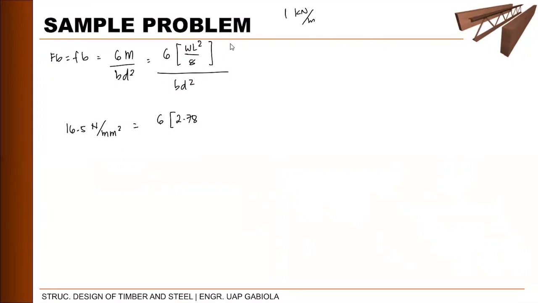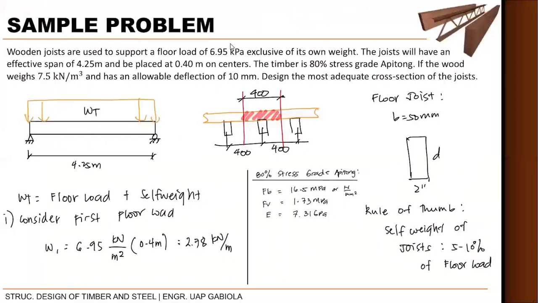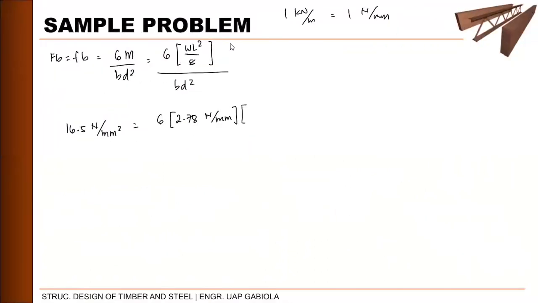no, 1 kilonewton per meter equals din sa 1 newton per mm. Okay? So ito ay magiging newton per mm. Times yung length natin is 4.25. So 4,250 mm. Then we have to square. All over, yung B natin again is 50 mm. And then yung D natin is unknown. Okay?